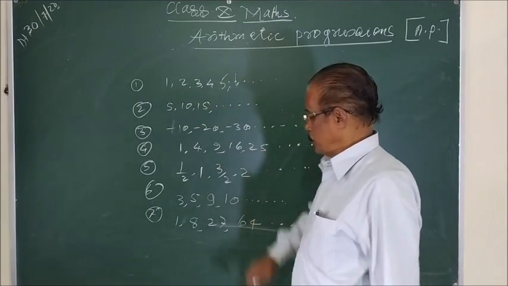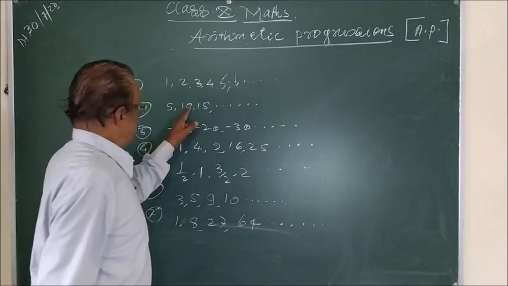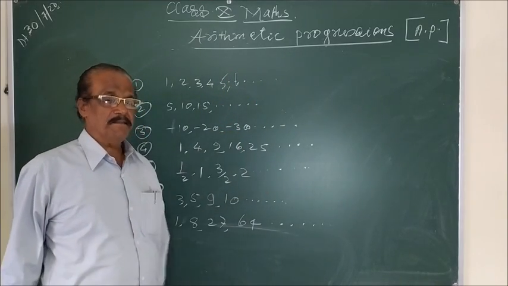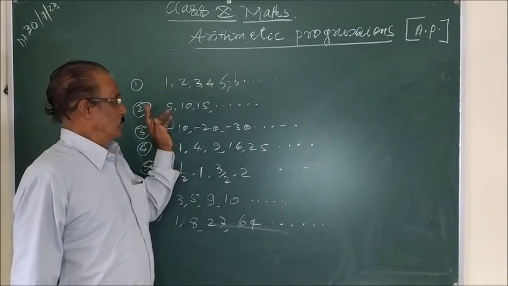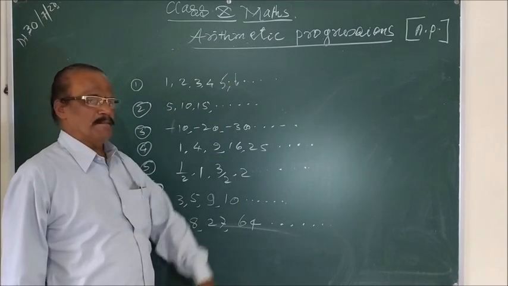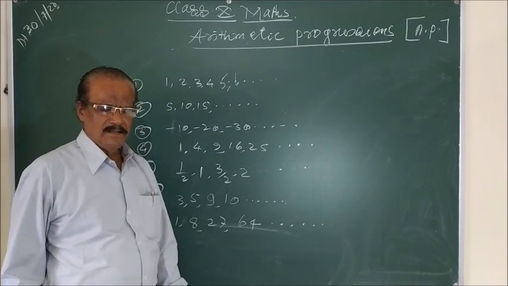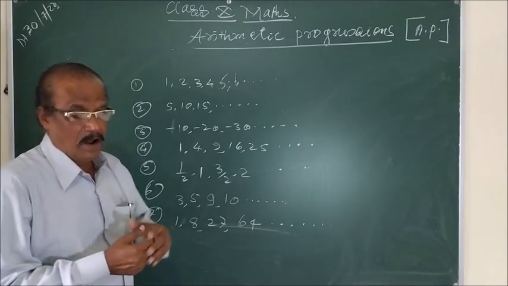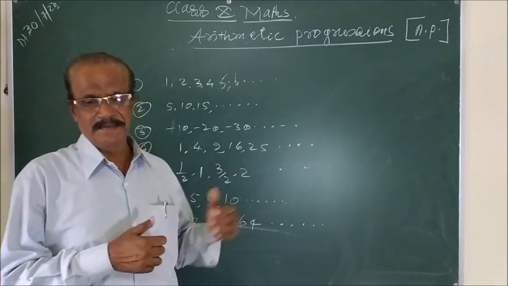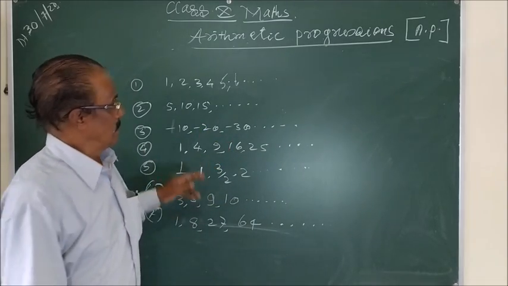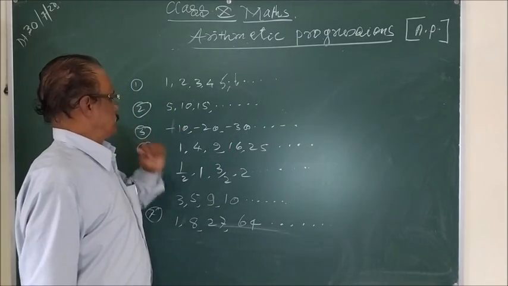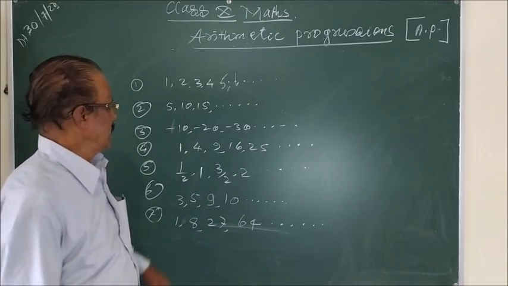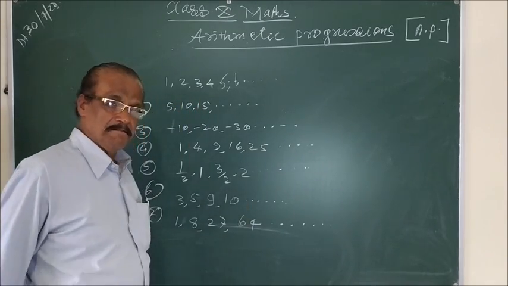Now you see number 2. 5, 10, 15, dash, dash. Can you write the next number? So if you want to write the next number, you can find out what is the pattern, what rule is followed in the sequence. So now you see first term is 5, next term 5 plus 5, 10. Next term 10 plus 5.